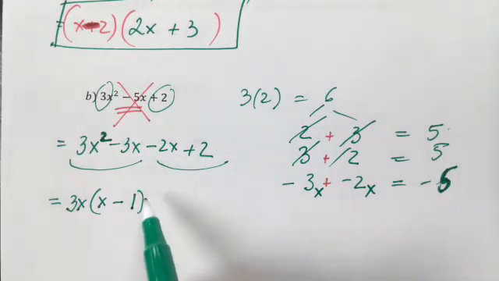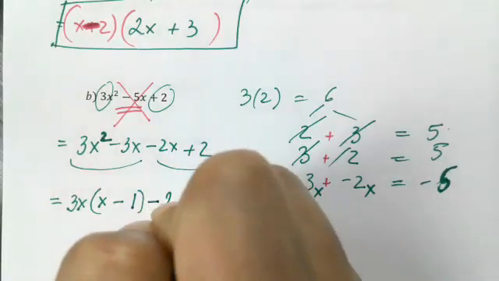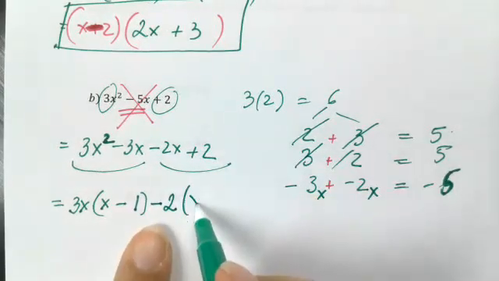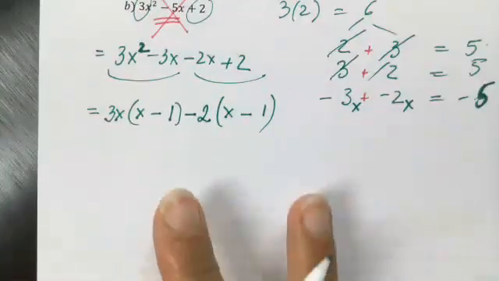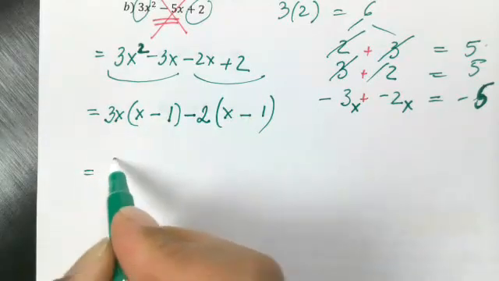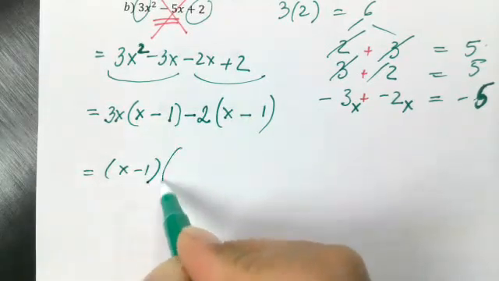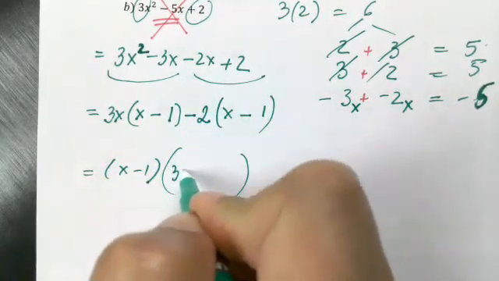If the first term is positive, take the positive with it, because it's going to show you how to connect the terms, okay? So negative 2, and then x minus 1. And then you see how the bracket is the same. That's now becoming one-time bracket, x minus 1, and then 3x minus 2 goes from the second one.